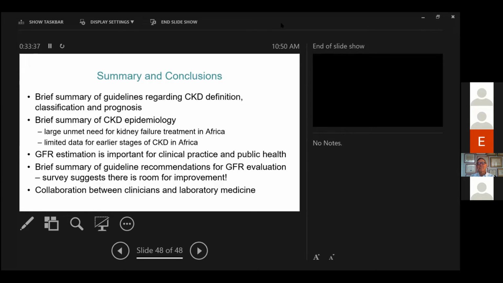Professor Andrew Levey has research interests including measurement and estimation of kidney function, epidemiology, and clinical trials in CKD. And for the past 20 years, he has been at the forefront of the development of equations to estimate glomerular filtration rate from serum creatinine and cystatin C and novel filtration markers, using MDRD and CKD-EPI.